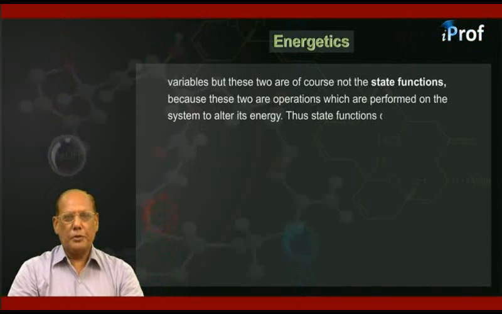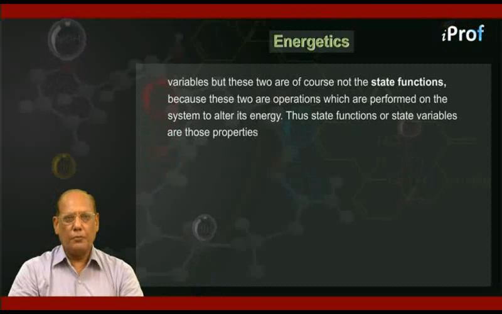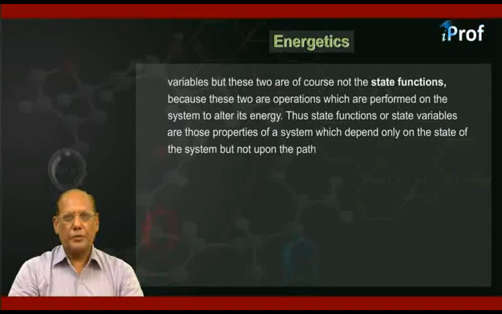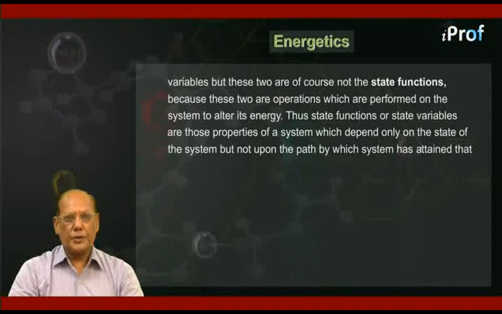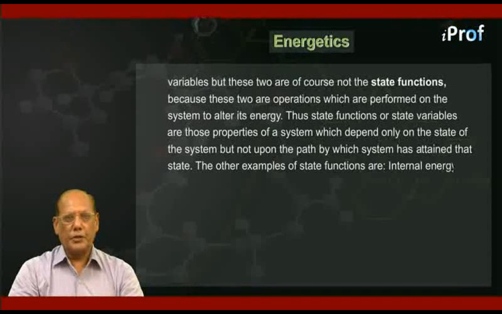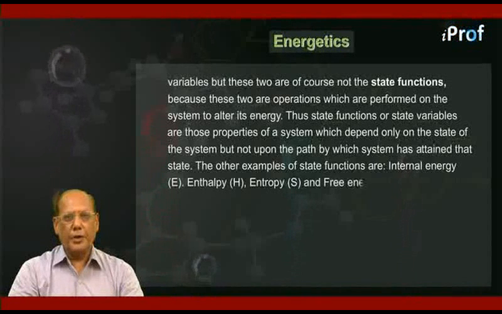Thus, state function or state variables are those properties of a system which depend only on the state of the system, but not upon the path by which system has attained that state. The other examples of state functions are internal energy E, enthalpy H, entropy S, and free energy G.